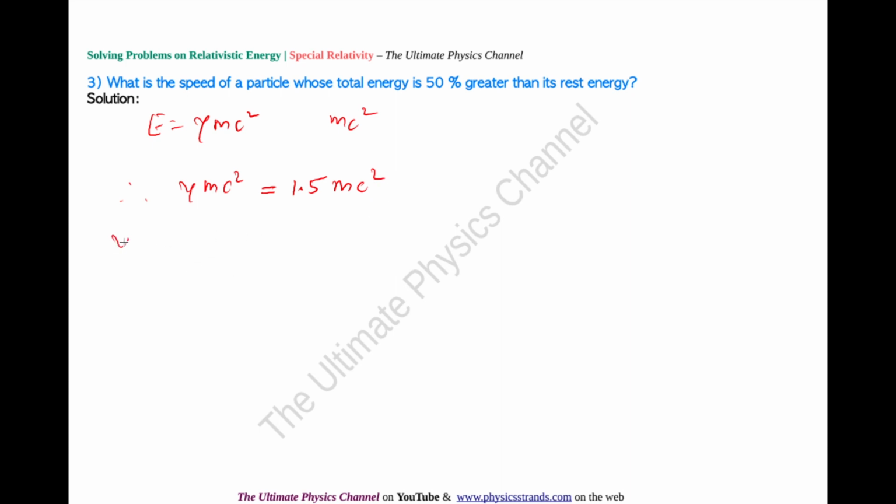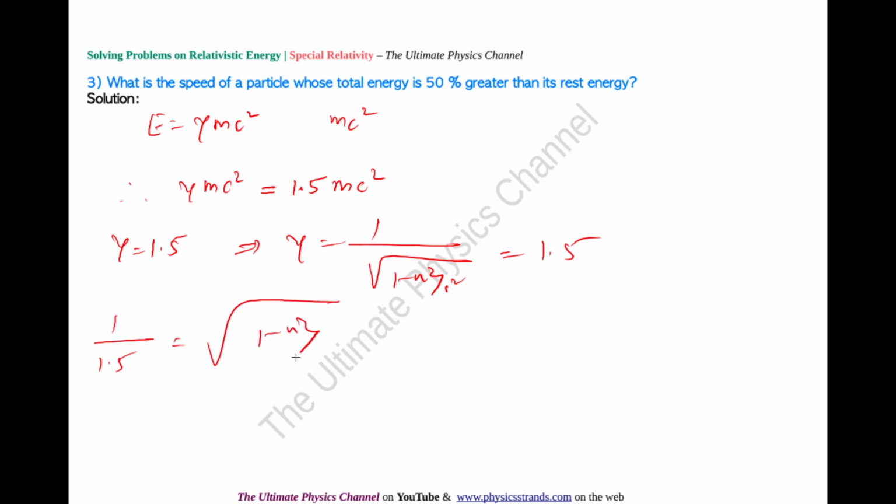This tells me directly that my gamma is 1.5, and therefore 1 over 1.5 is my square root of 1 minus u squared over c squared. If you work this out, I get speed u equal to 0.7454 c. So that is the speed of a particle whose total energy is 50% greater than its rest energy. Right, let's go to the next one.